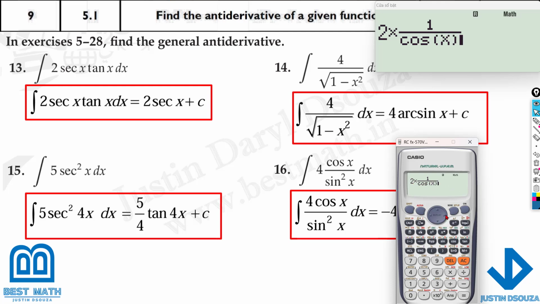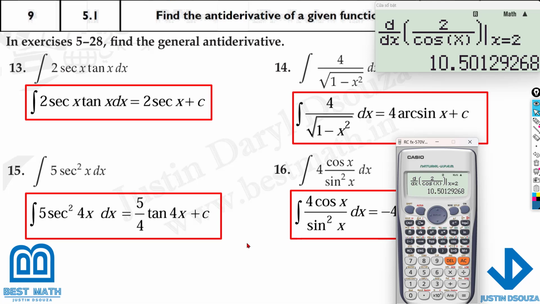Divided by x, close the bracket, then write multiplication symbol and tan x. Calculated at 2, what is the value? 10.50. Now when you derive over here, what you must get: 2 divided by secant is cosine x, close the bracket, x of 2 is 10.50.